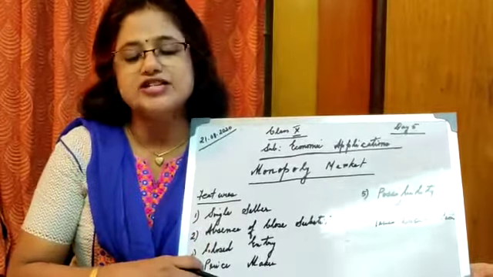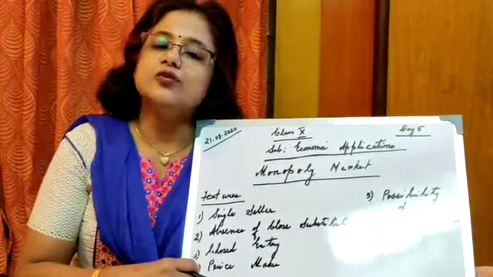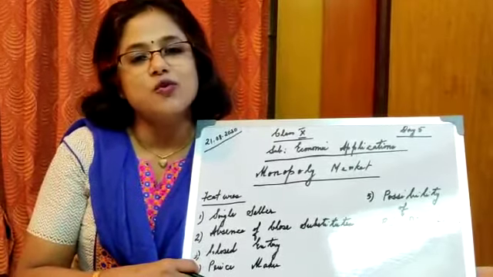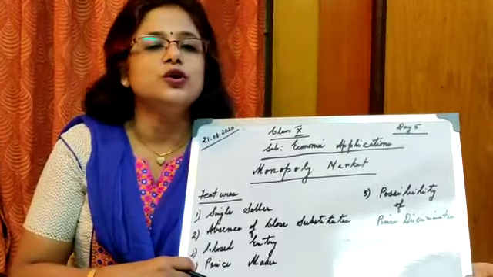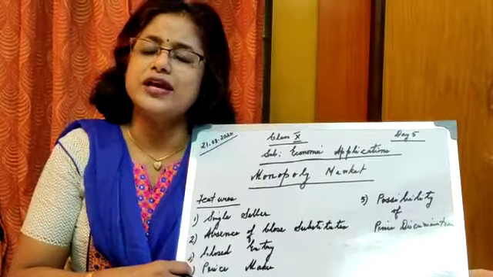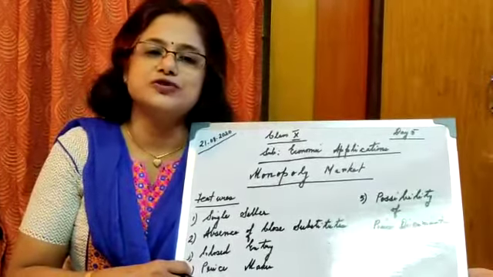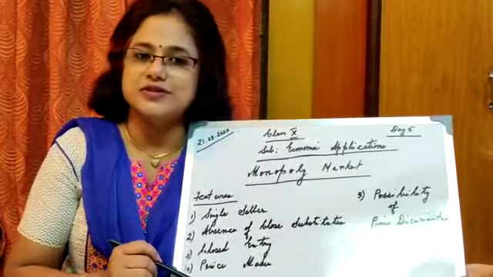Now, what is the definition of the market? It is a market structure in which there exists only a single seller of the product which has no close substitutes. No close substitute, we will be discussing afterwards.